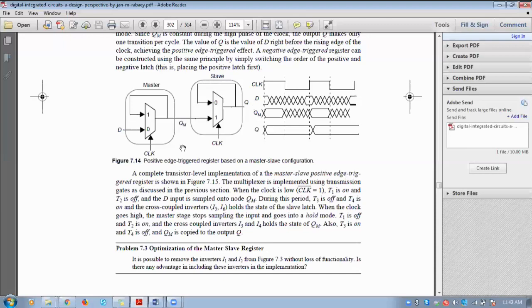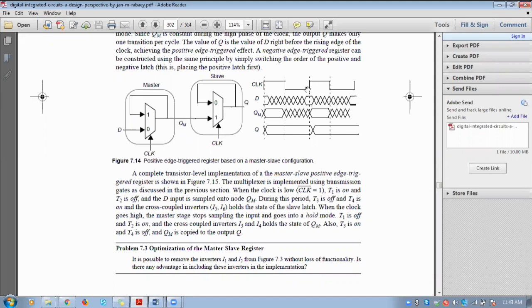Now see, for the next clock equal to 0, at that time slave will enter into hold mode. So it will save the previous value of D, and the master is going to sample the new D value. New D value will come inside. Likewise, for each and every clock equal to 0, your master will be in transparent mode and slave will be in hold mode.